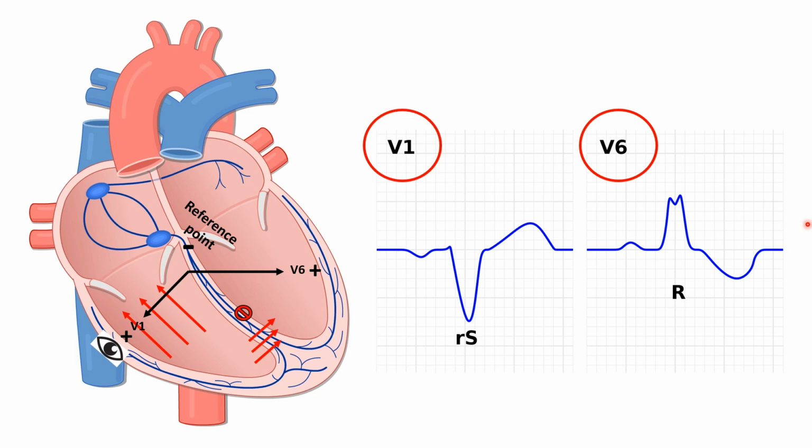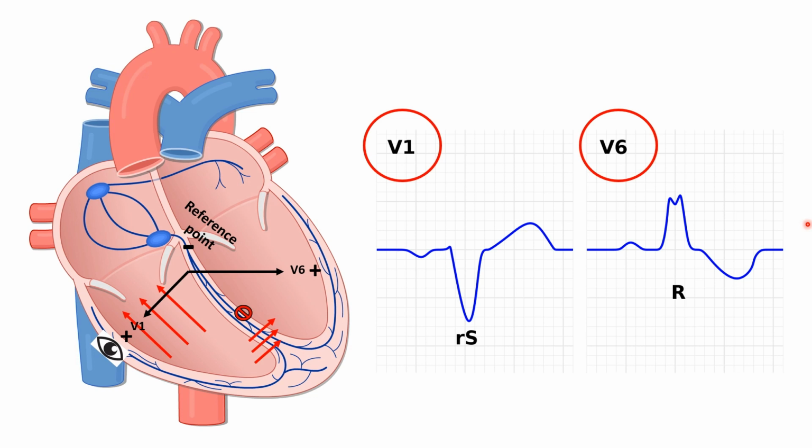Okay, and what this means is when we have a left bundle branch block without myocardial infarction, the ST segment and typically the T wave is going to be in the opposite direction to the majority of the QRS complex, okay, and that's appropriate discordance, okay.